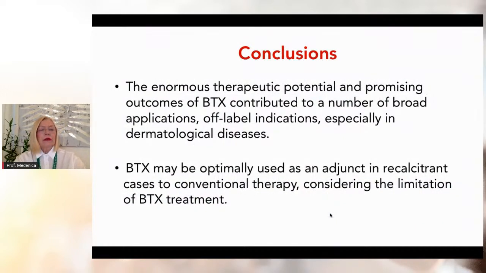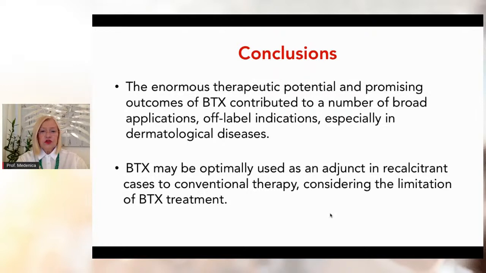In conclusion, we can say that the enormous therapeutic potential and promising outcomes of botulinum toxin have contributed to a number of broad off-label applications, especially in dermatological diseases. Botulinum toxin may be optimally used as an adjunct in cases recalcitrant to conventional therapy for many disorders which we mentioned at the beginning of the lecture.